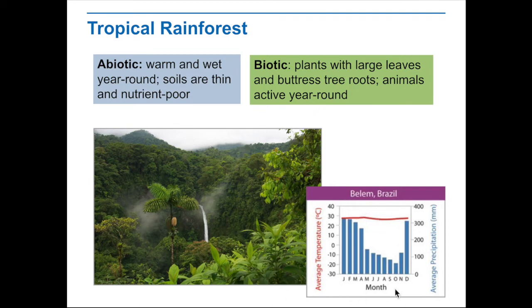If you look at this climate diagram down here, you can see that the average temperature is pretty consistent around 28 degrees or so Celsius year round. And then you can see that there's definitely a rainy season, where we have a lot more rain in the winter months, from January through about April and then December.